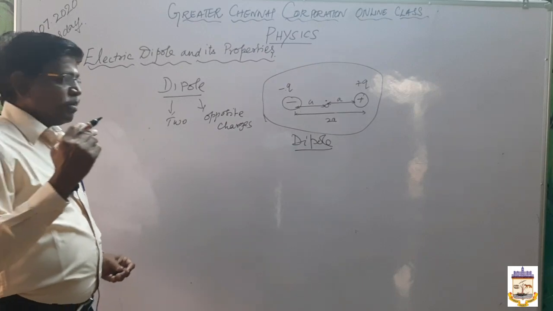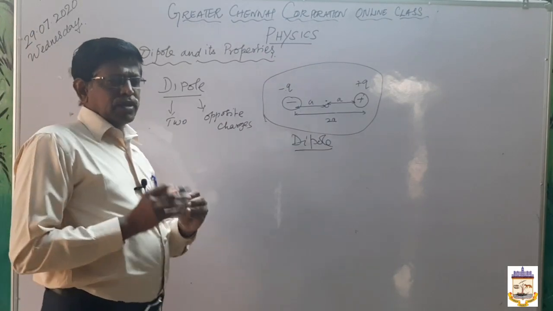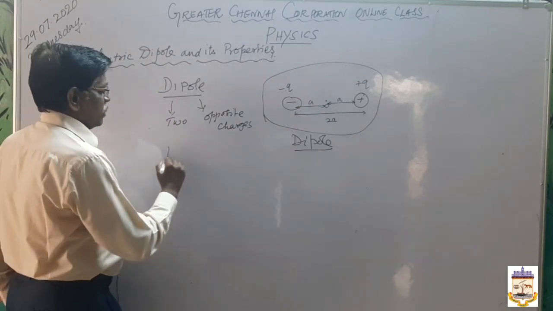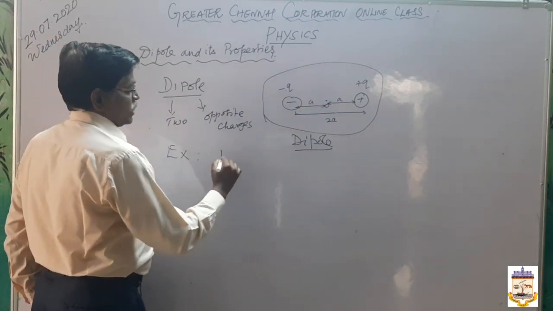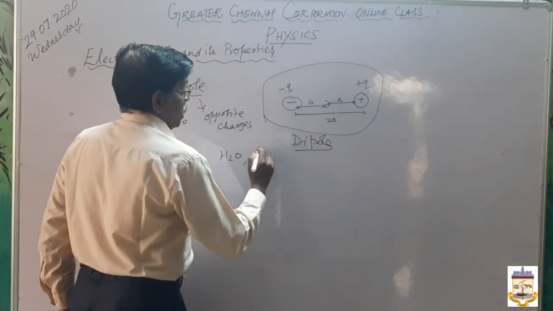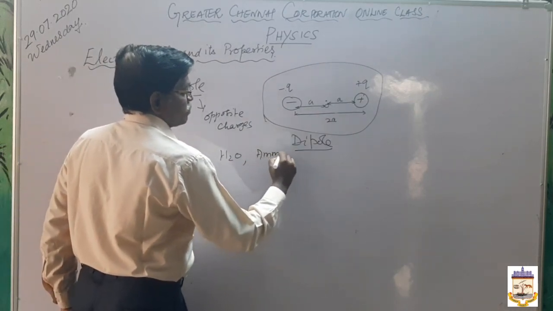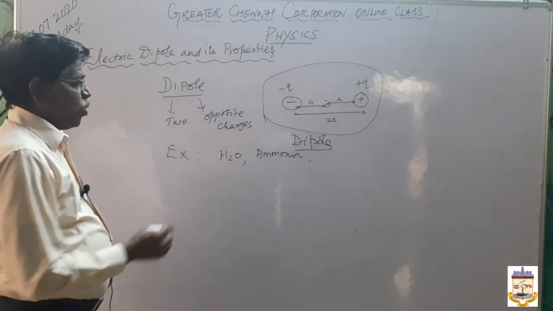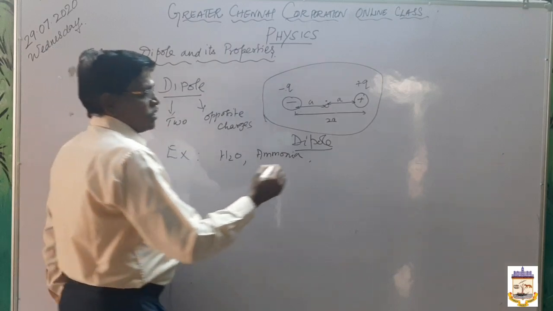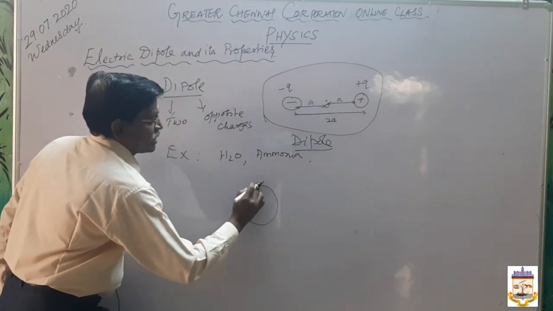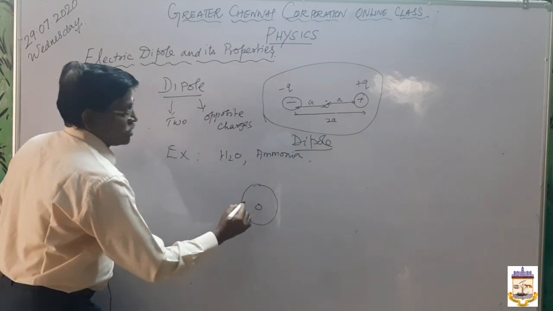Normally, in and around us, most of the molecules are dipole in nature. The very best example is water, H2O. Say, NH3, ammonia, etc. Water is a dipole. How? Let us consider this is the oxygen.